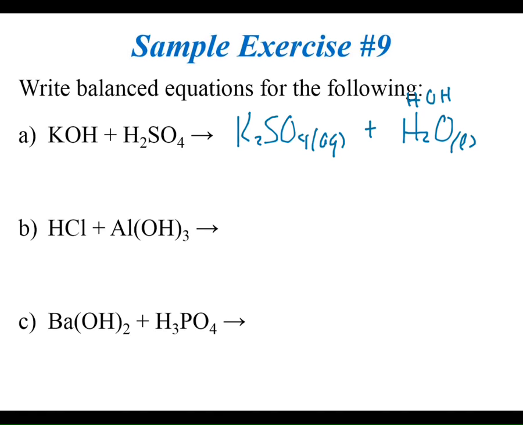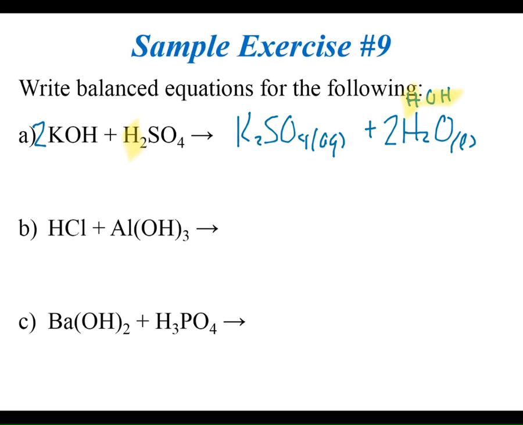So I see 1 potassium on the left, 2 on the right. So I'm going to put a 2 here. Now 2 hydroxides. But on the right side, I really only have 1 hydroxide. All right, so I'm going to have to put a 2 here, too. Now I've got 2 of these hydrogens, and I've got 2 hydrogens here, and then a sulfate and a sulfate.